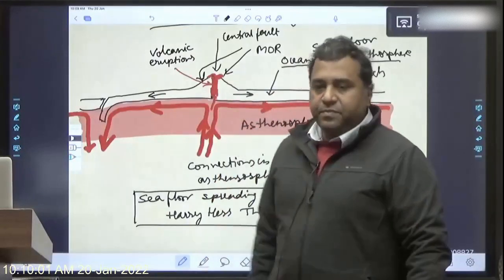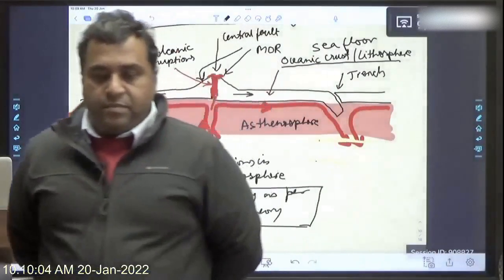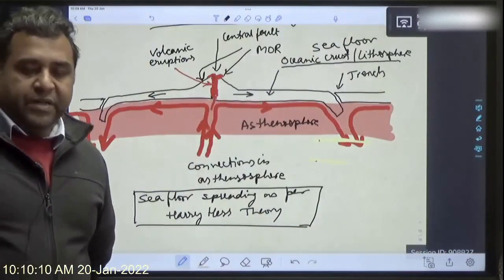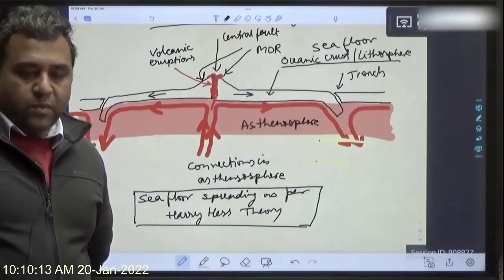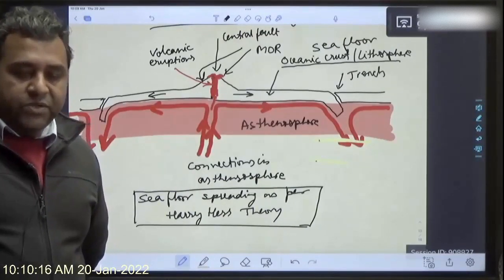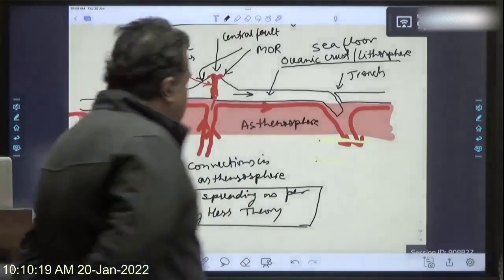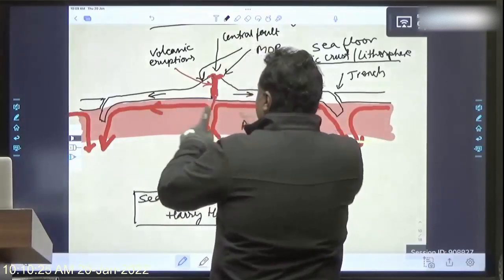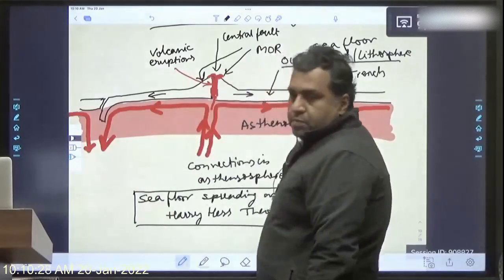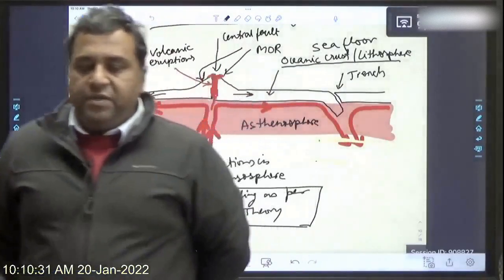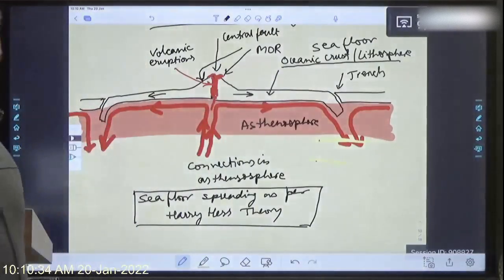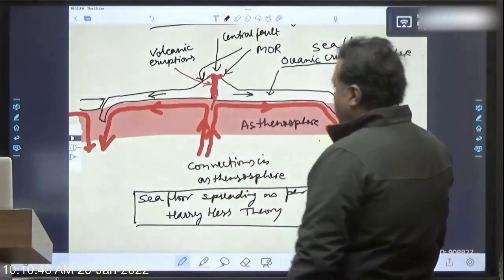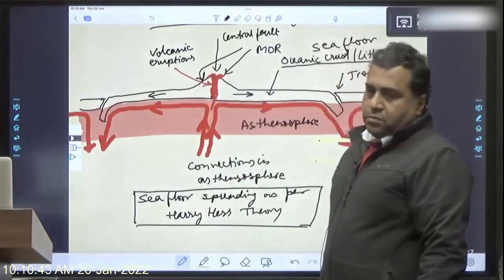Keep spreading away, driven by the away moving parts of the asthenosphere convection. Full stop.